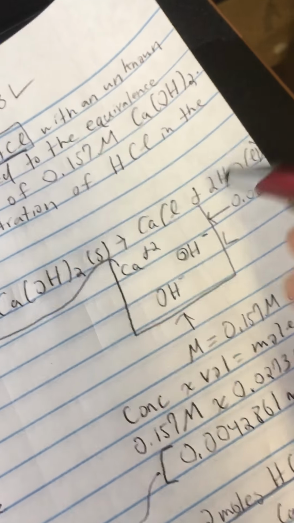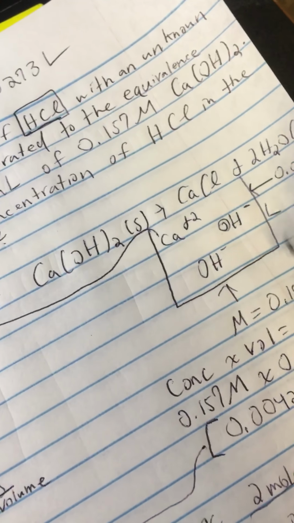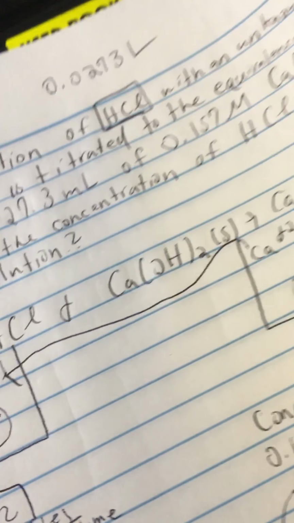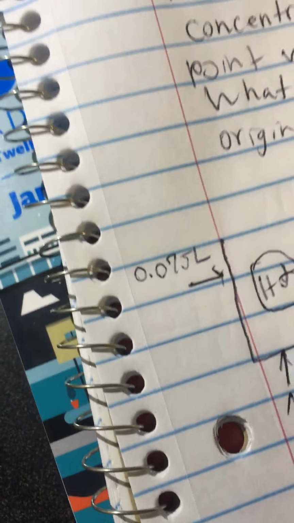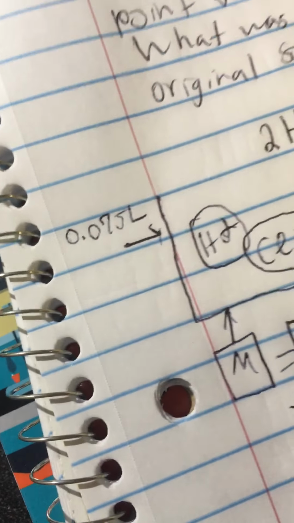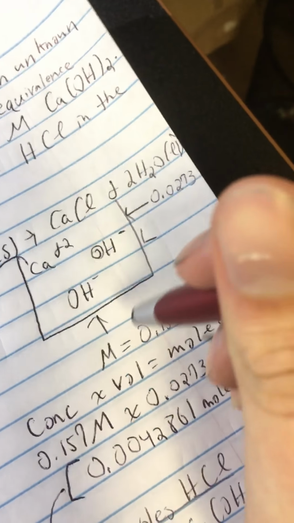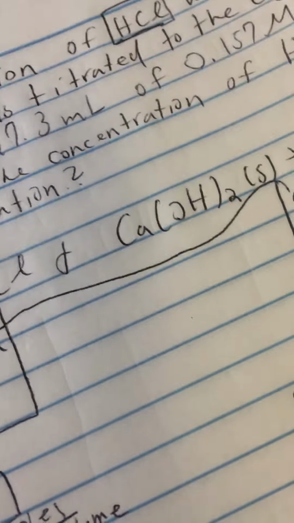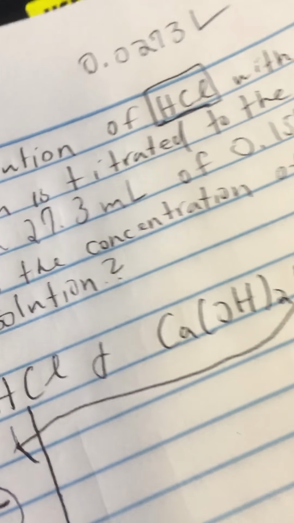What we do know, however, is the volume and concentration of this box of calcium hydroxide. So how do we find the moles of this when all we have is the volume and concentration? Well, it's simple. First of all, how do we find moles from concentration and volume?